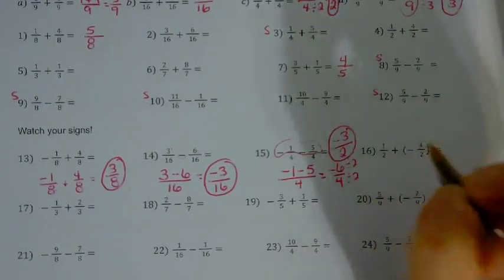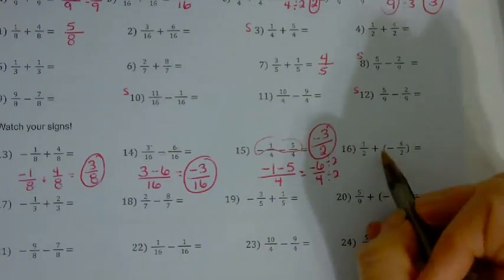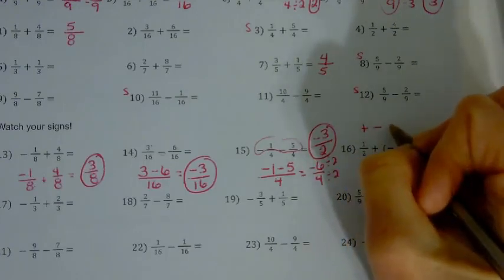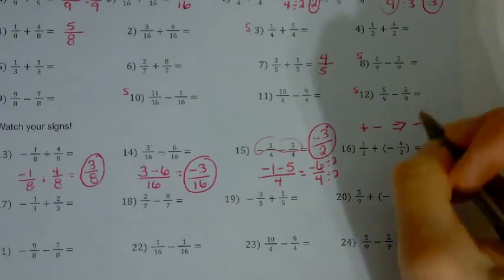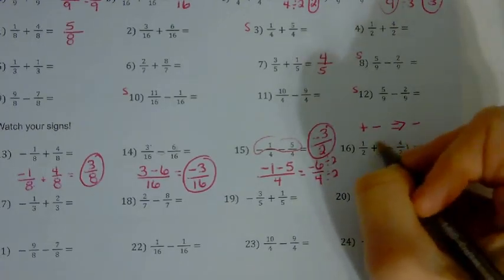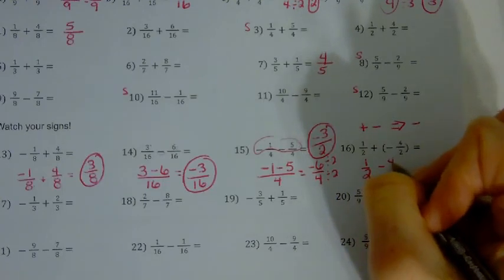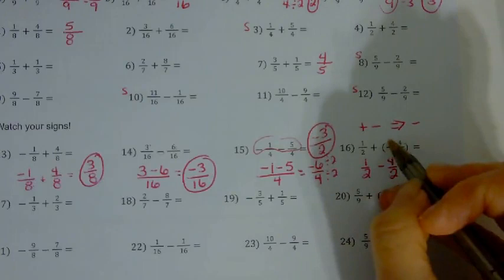Okay, now 16 has a double sign. Remember, when we have double signs, plus minus becomes a minus. And so this plus minus is going to become a minus. So it's 1/2 minus 4/2. Okay, this plus minus right here becomes a minus.